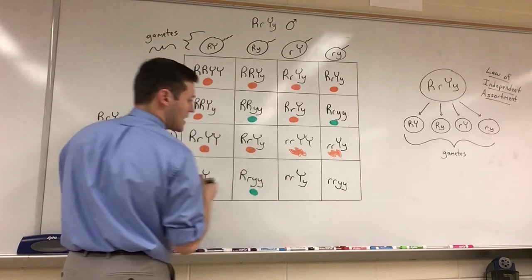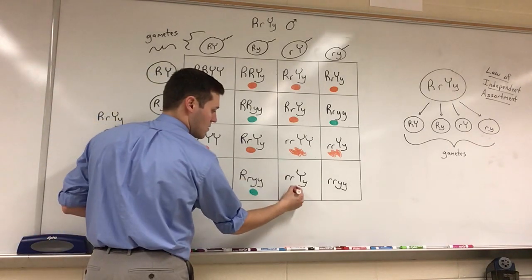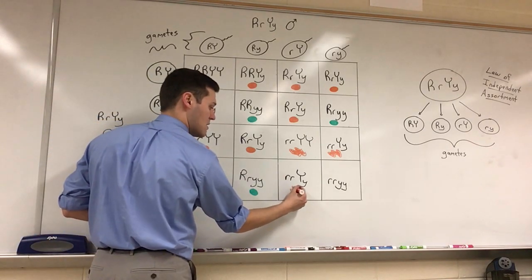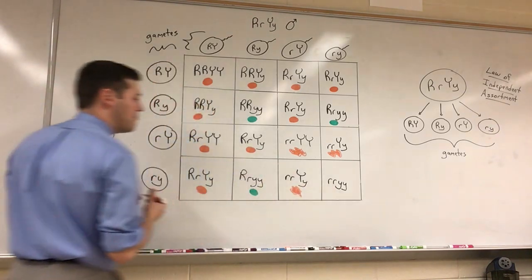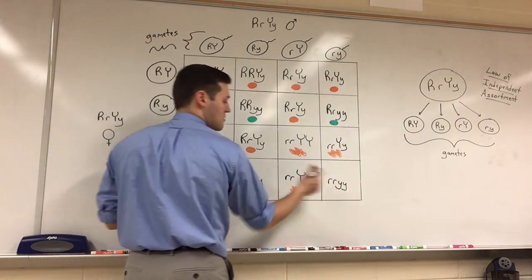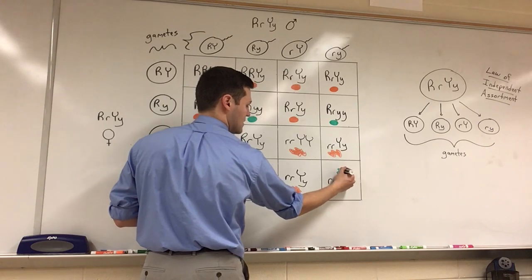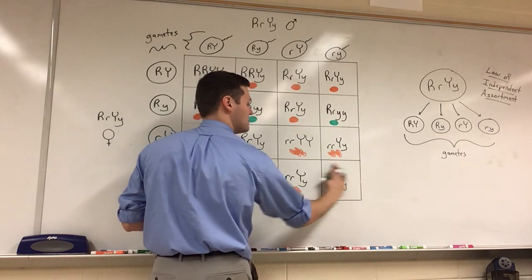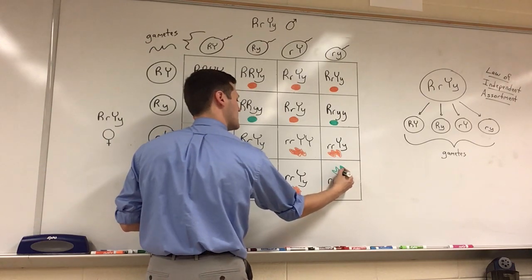Here we have wrinkled and yellow again. And then as our final offspring genotype, it shows a phenotype of wrinkled and green. So I'll put that up here, wrinkled and green.